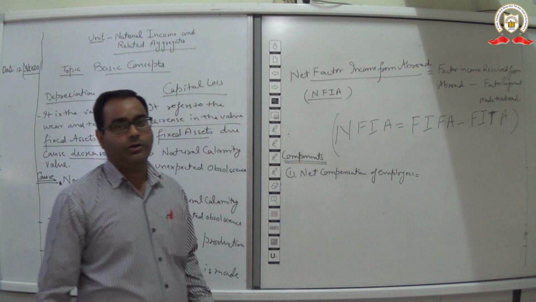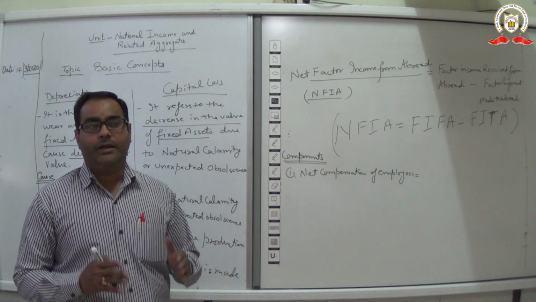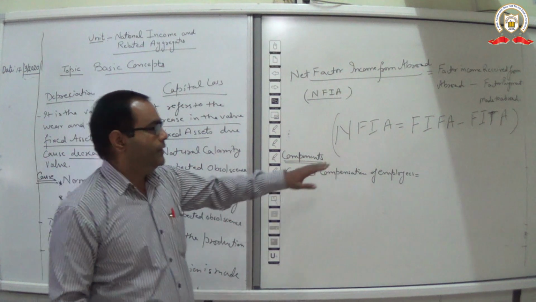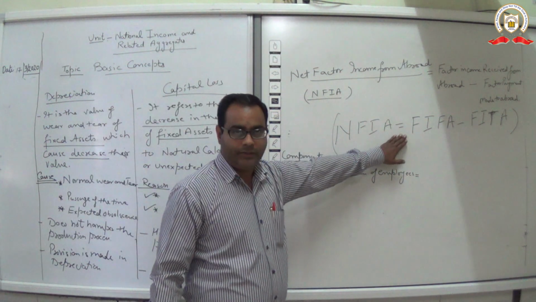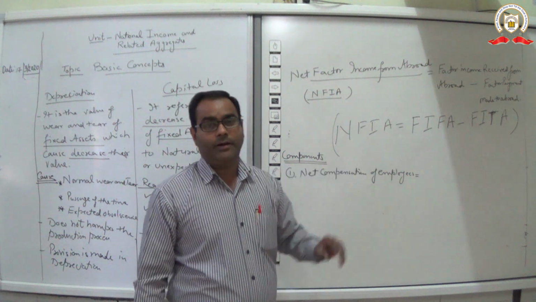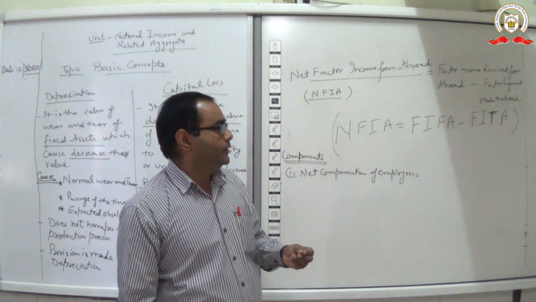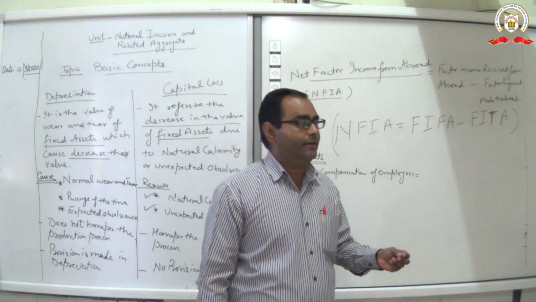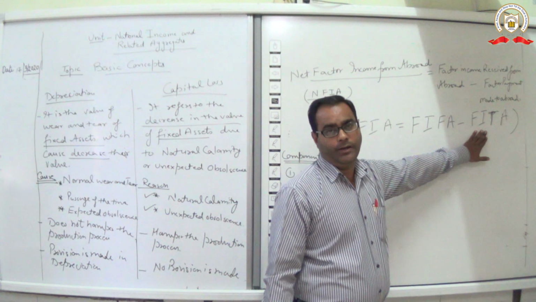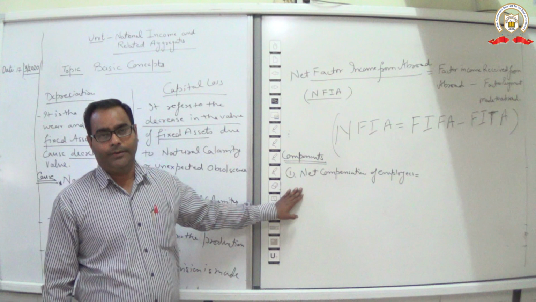It means whatever salary is received by an Indian resident from abroad will come under the heading of factor income from abroad. Similarly, whatever salary the country pays to a non-Indian resident will come under the heading of factor income to abroad. The term is net compensation of employees.